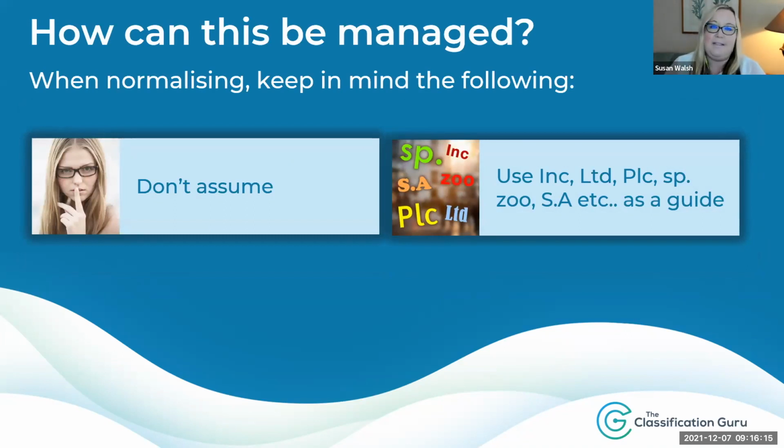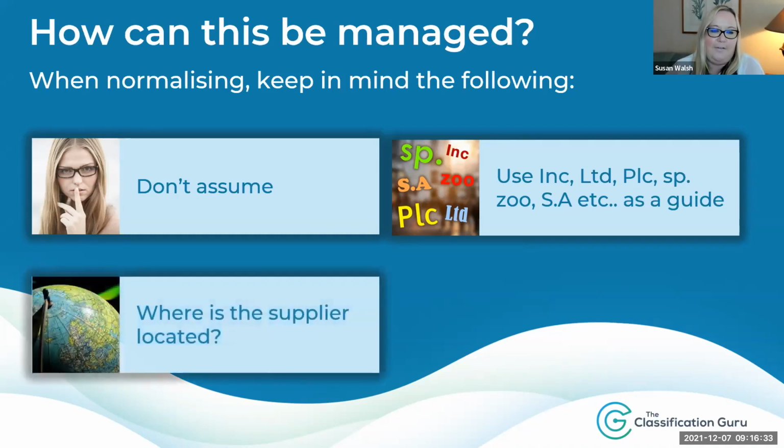So PLC Limited tends to be the UK, SPZOO tends to be Poland, SA's kind of Spain, the PTY is kind of Australia, Asia. It will help guide you and help you find that information. And think about where the supplier is located. Is it the same supplier that you think it is, or is it a different supplier but with the same name?